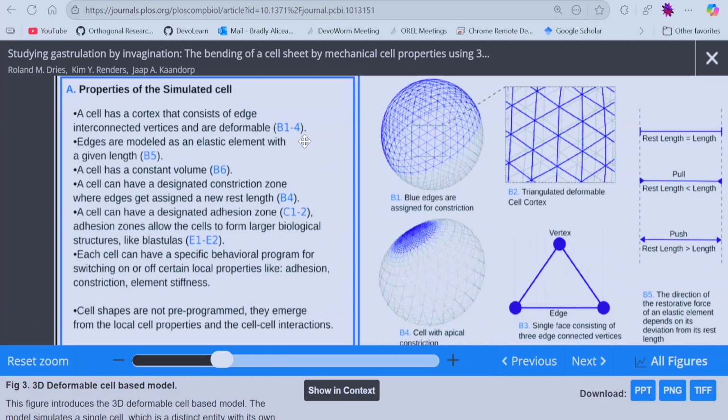They have a number of properties of the simulated cell. The cell has a cortex, which is the outside, which consists of edges, interconnected vertices, and are deformable. So you have basically this skeleton here where you have a number of vertices with edges. They're connected by edges. And then you can deform this shape.